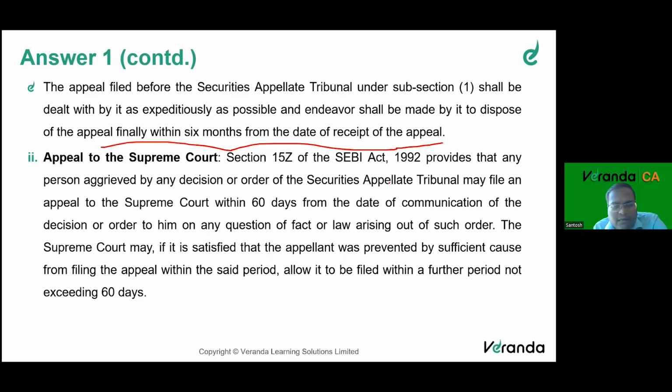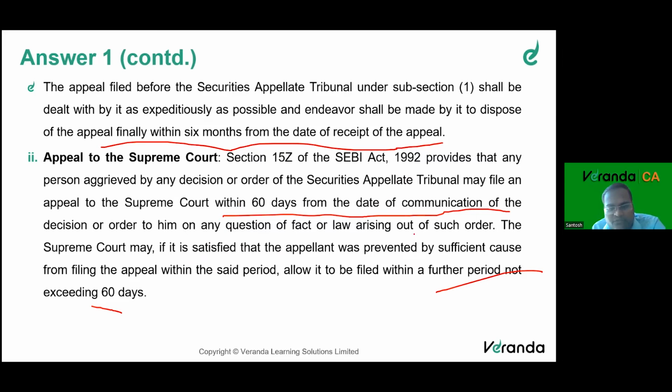From the date of the order, I have about 60 days from receiving the order. I can go to the Supreme Court, and if there is a sufficient cause for delay, it can allow another period of 60 days. Overall, max to max, I can go for about 120 days.